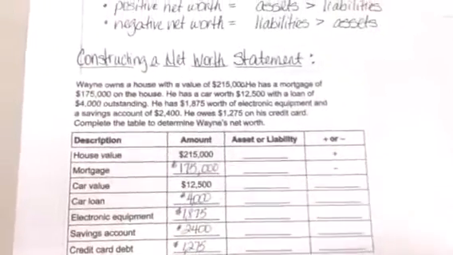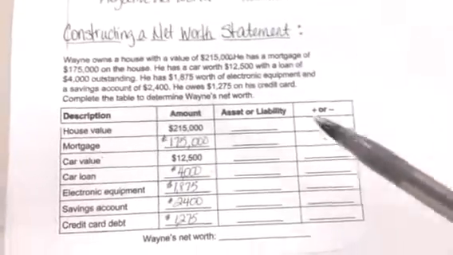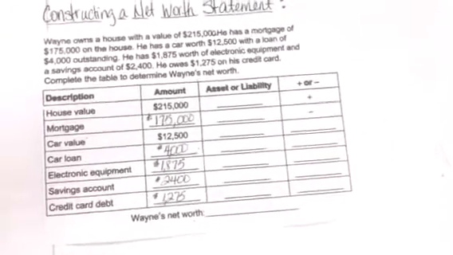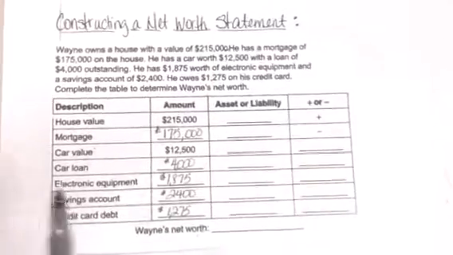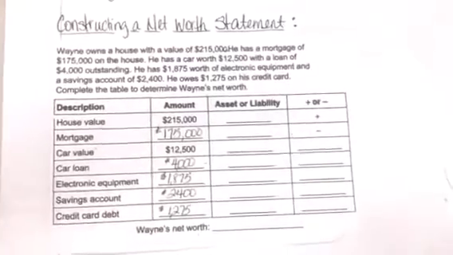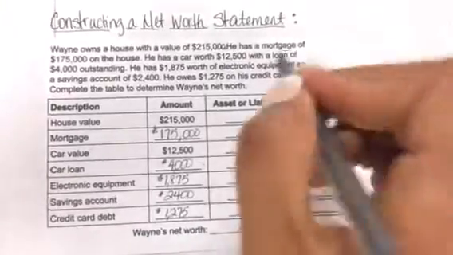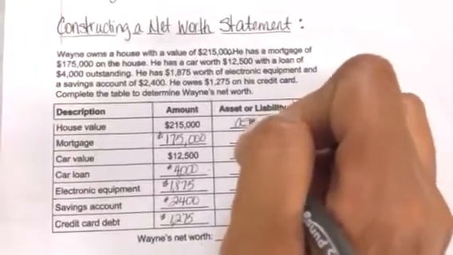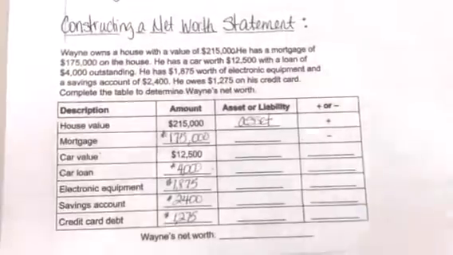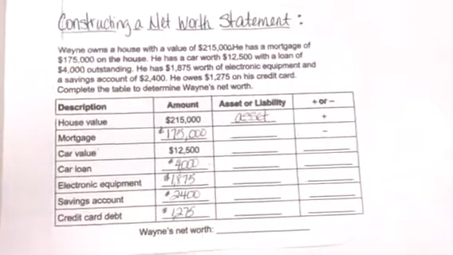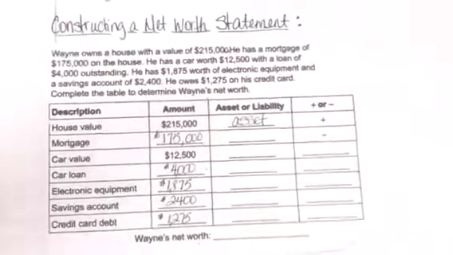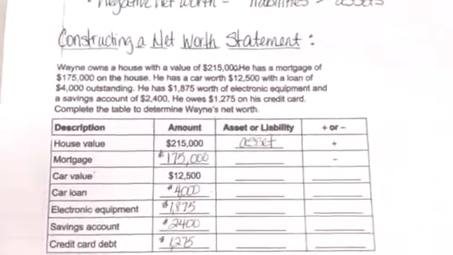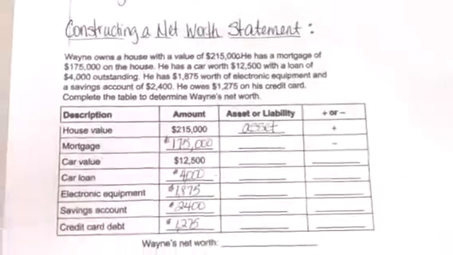Okay, now we're going to determine, are these items in our description an asset or are they liabilities? Okay, so the value of the house is an asset, because remember, houses are assets. Okay, the mortgage, though, is something that you still have to pay for. Even though our house is an asset, if we still owe some money on it, that's a liability for us.